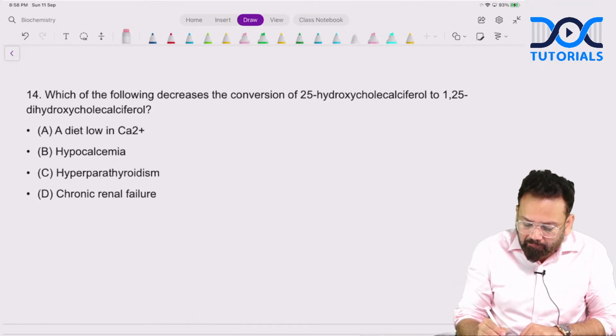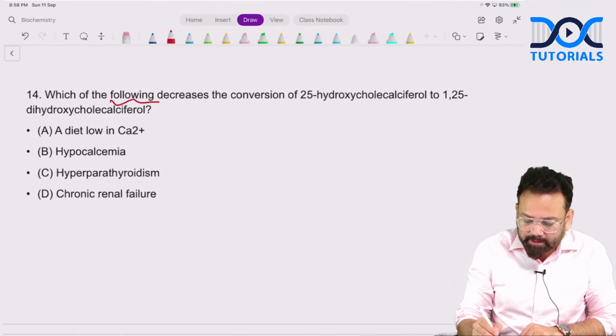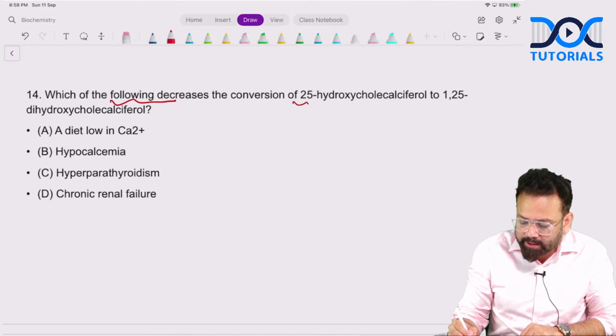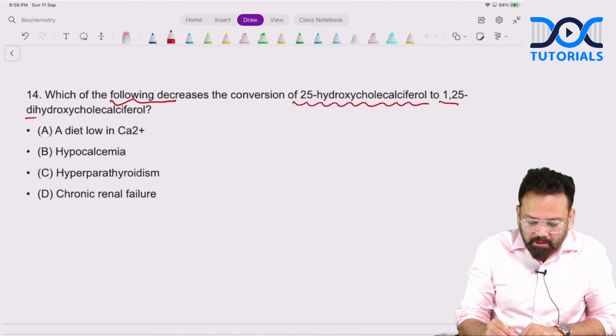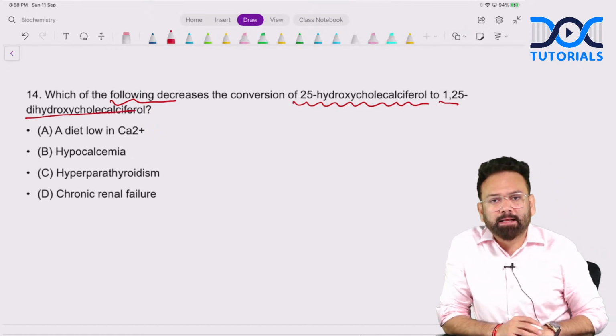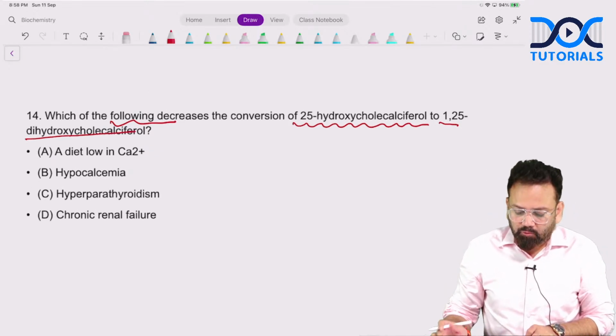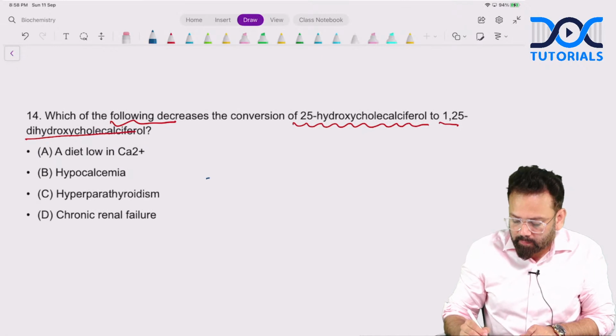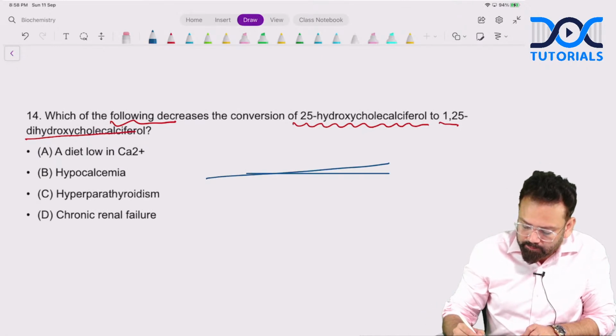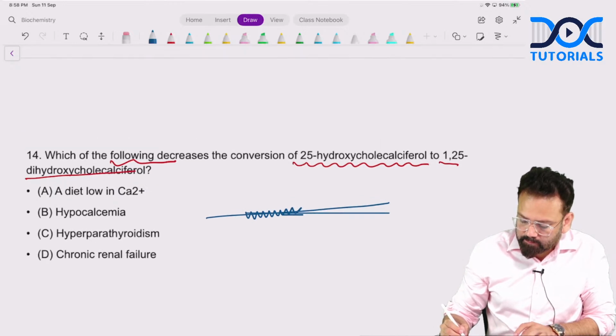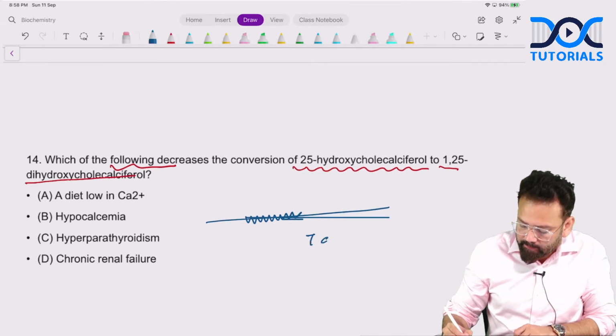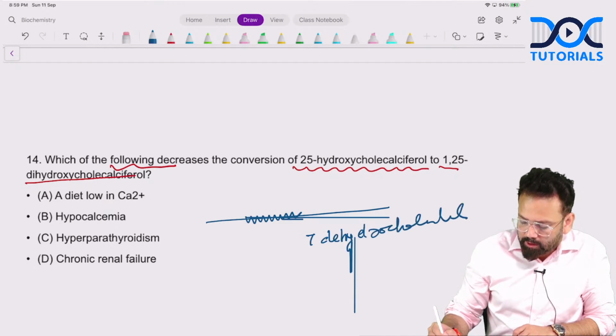Which of the following decreases conversion of 25-hydroxycholecalciferol to 1,25-dihydroxycholecalciferol? What is the answer? I hope you remember this diagram. Skin has 7-dehydrocholesterol.